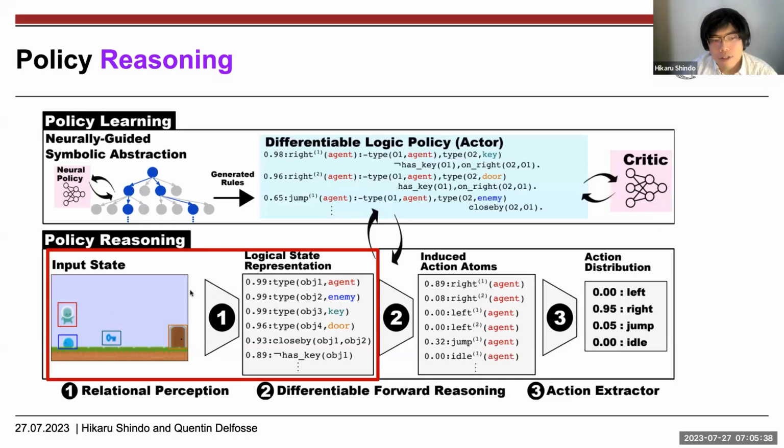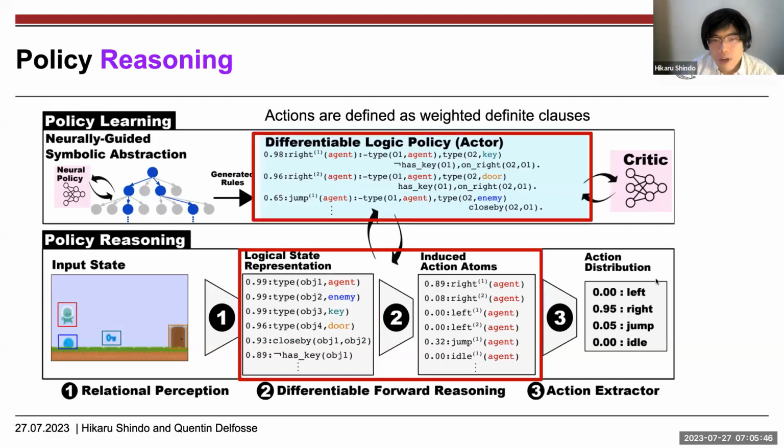Given the input state, we get a bunch of probabilistic atoms that describe this state. Next, we perform forward reasoning to produce the action distribution.